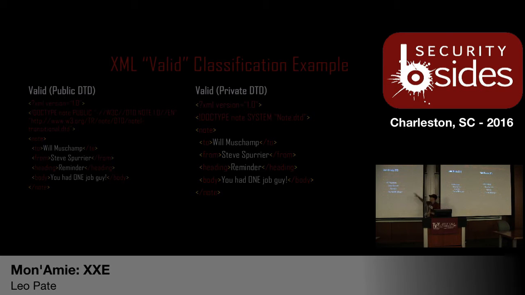So in this case, because we're writing a note, the name of it is note. System means that it's private, and then note.dtd is a location of where it's located at. So this means that it would be in the local directory. If I wanted to point it to a specific file, server, folder, website, whatever the case may be, that's where it would go.